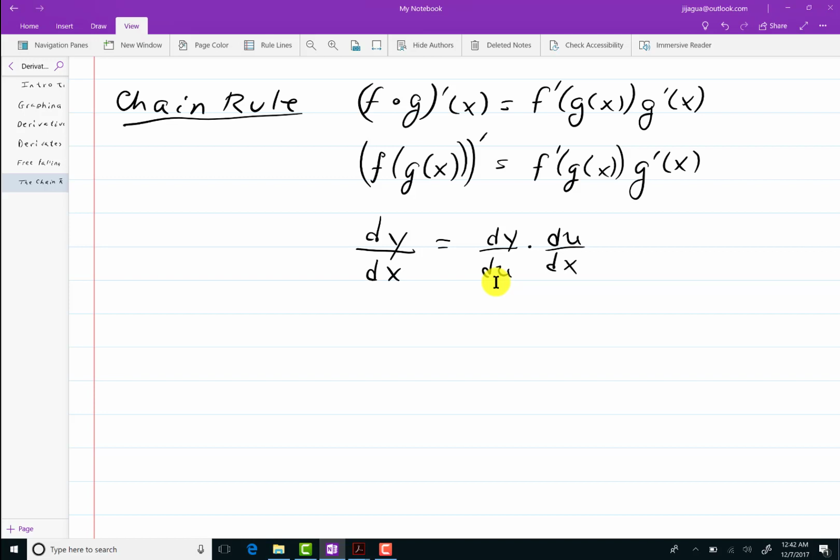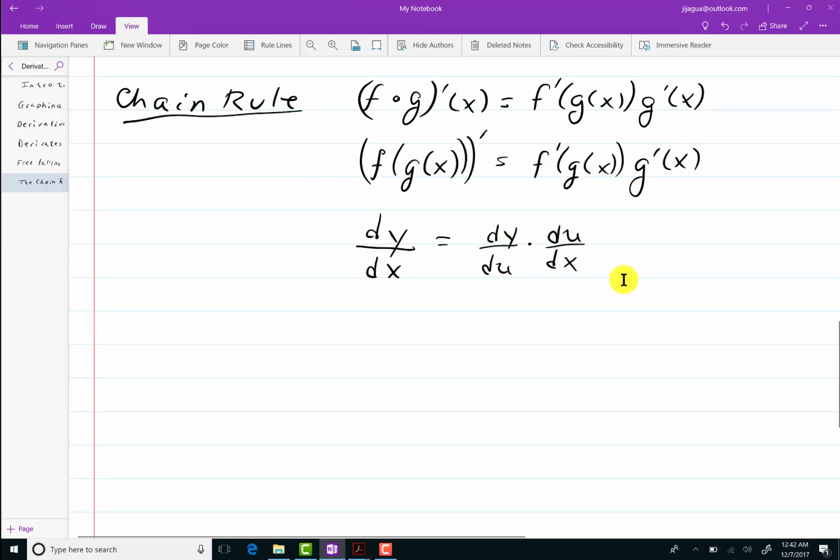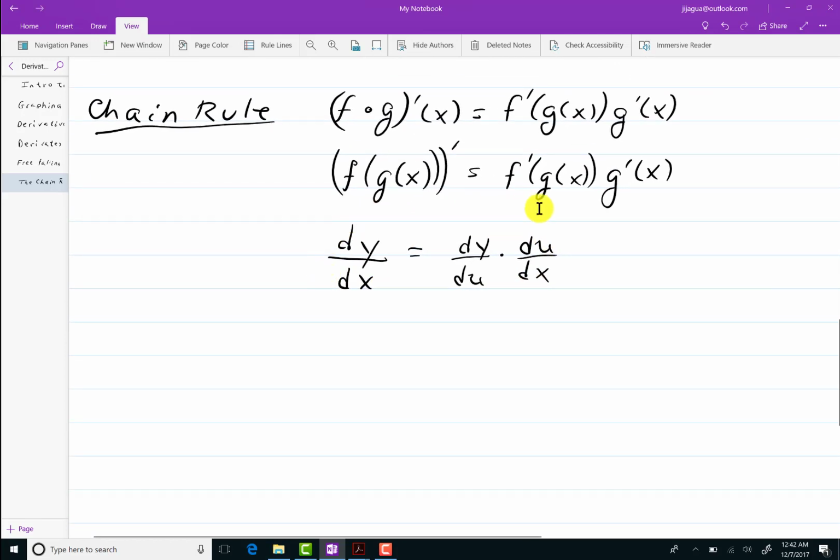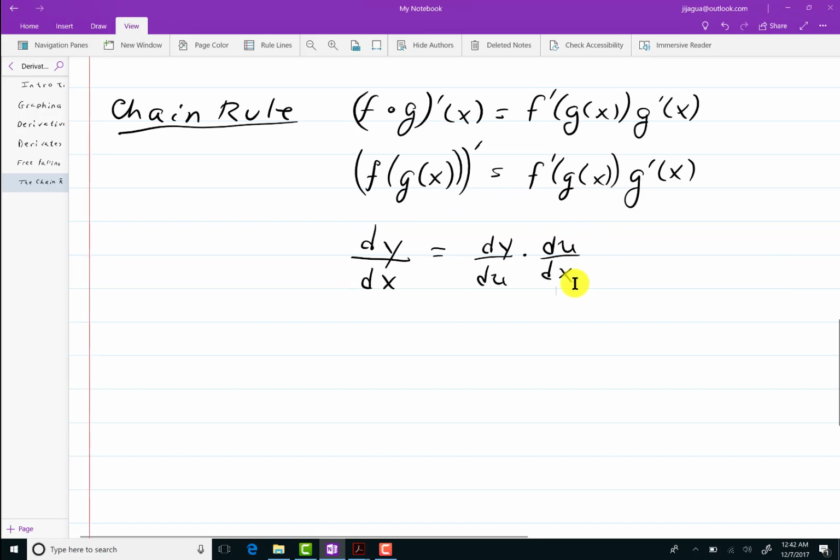In order to make this happen, I have to assume that y is a function of u, and that u is a function of x. So what I'm going to do is use this method here because it's good for beginners. And I'll change to the other notation up here because it's faster the better you get at this.